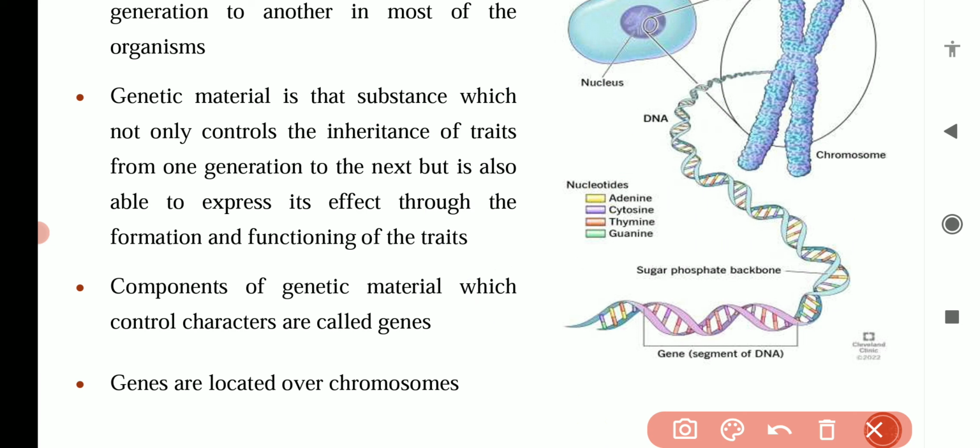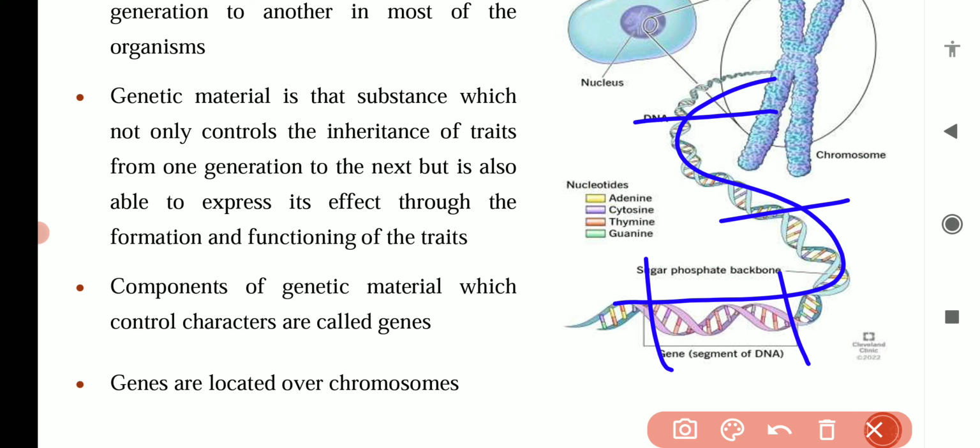All the characters in a plant or in any organism, in animal, are developed by genes. So a gene must be present for that character. Or we can say the genetic material is DNA, and its several parts are the different genes.